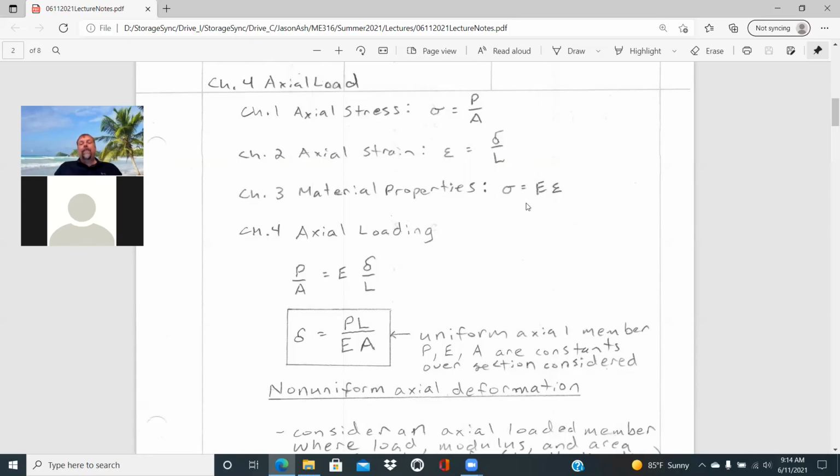And with that, you can use 1D Hooke's law. Essentially, all chapter 4 entails is making those substitutions into your 1D Hooke's law: P over A for stress, delta over L for the strain. And you can then rearrange this to solve for the corresponding displacement, delta equals PL over EA.